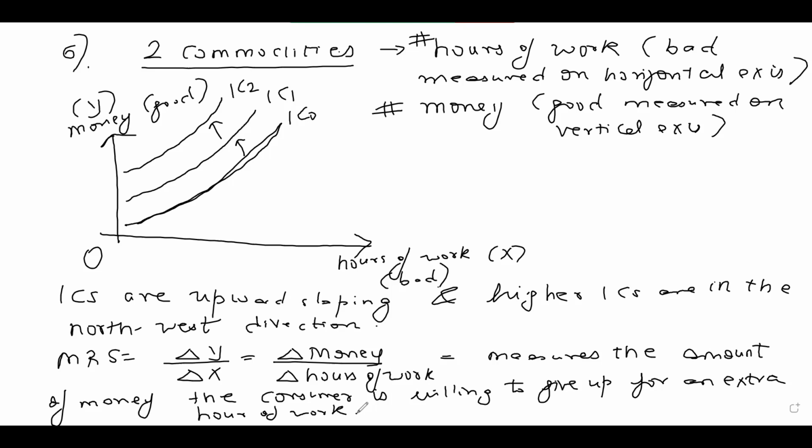In this case, the slope of the indifference curve is actually going to be positive, which implies that my indifference curves are going to be upward sloping. So this is my answer for question 6, part A.